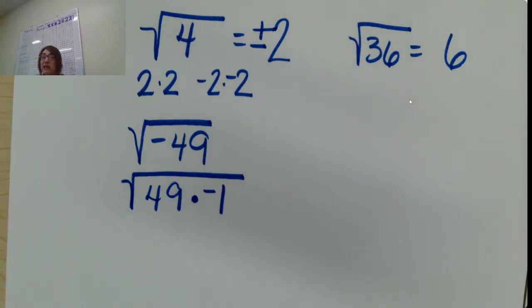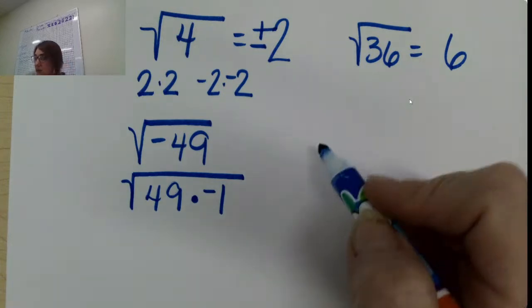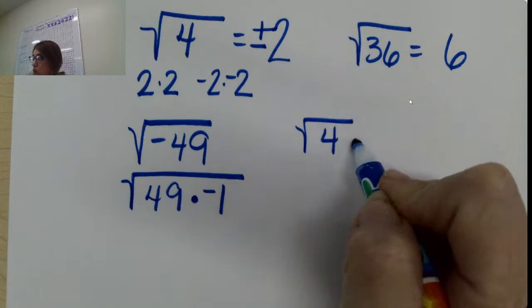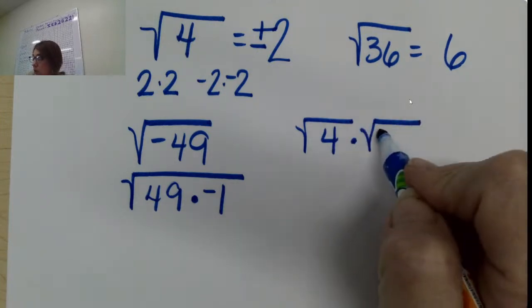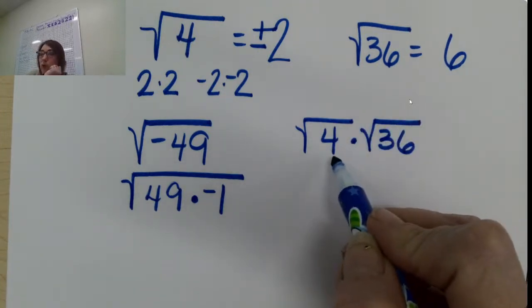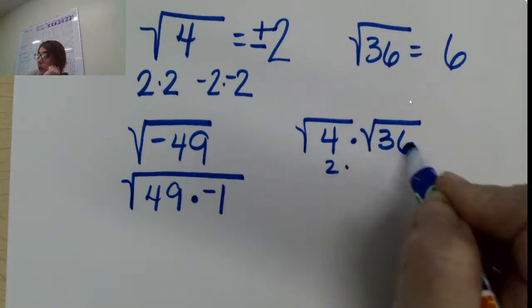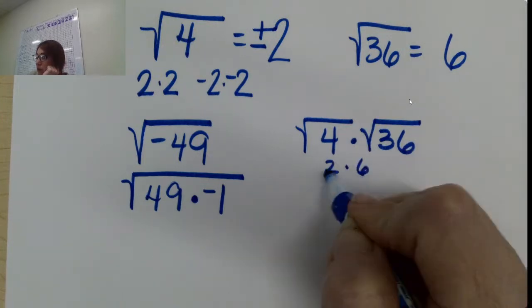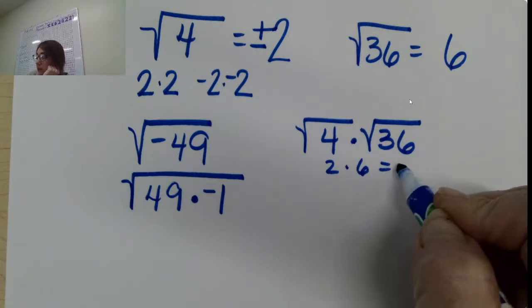Now, when you're multiplying things and square rooting them, it doesn't matter the order. For example, what is the square root of 4 times the square root of 36? What is the square root of 4? And what is the square root of 36? If we multiply them together, we get 12.